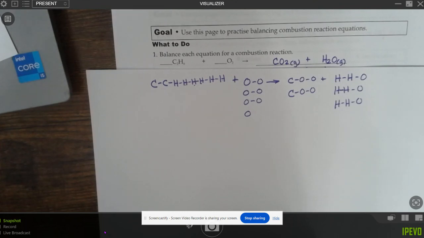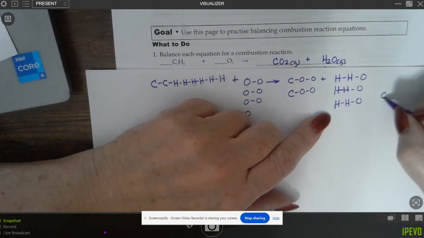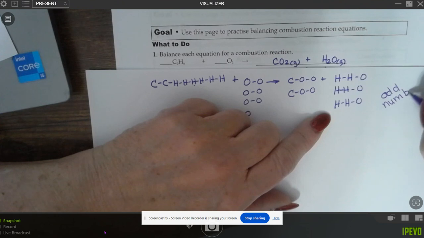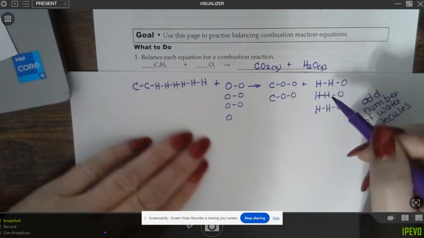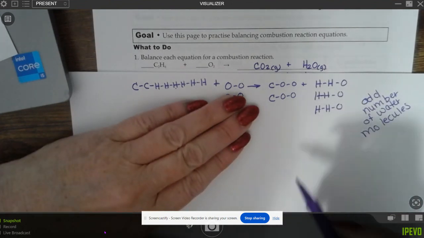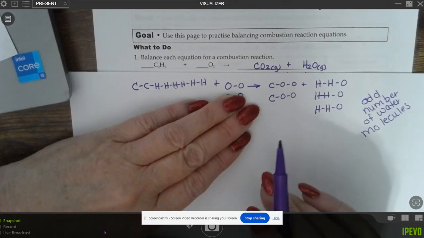Now, this kind of problem happens, okay, when you have an odd number of water molecules. Okay, see here, when I've done balancing my carbon and my hydrogen, I only have 7 oxygen left.